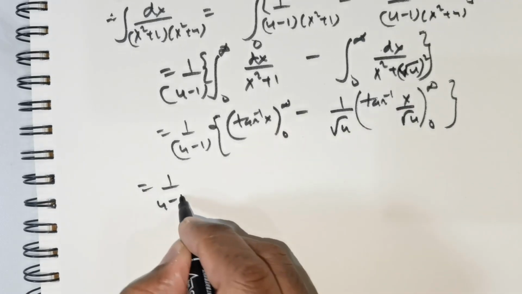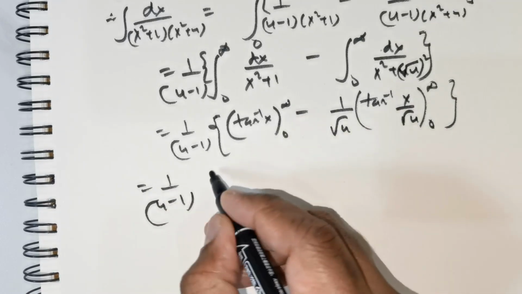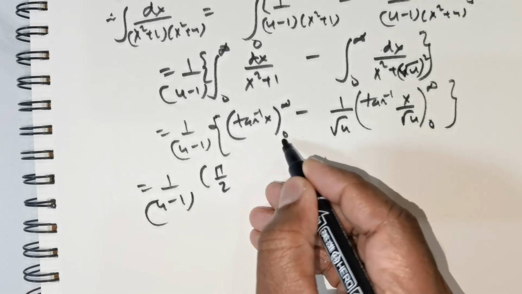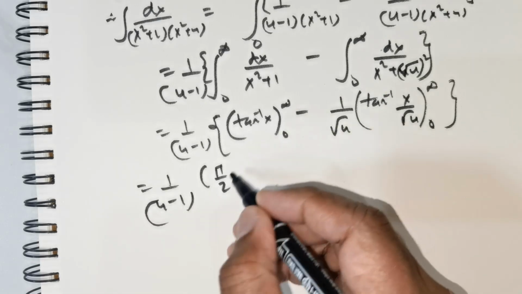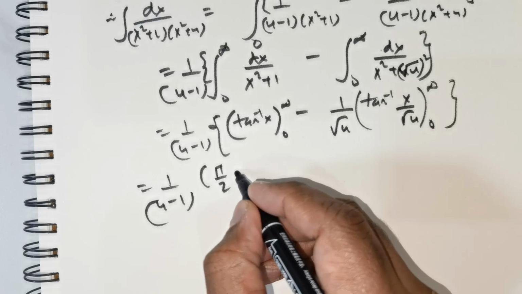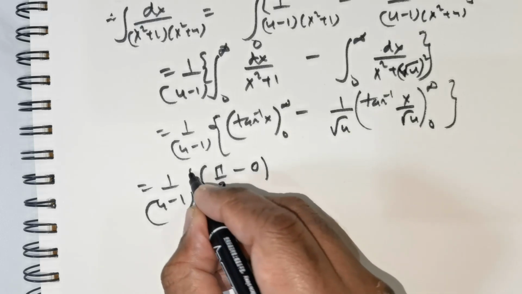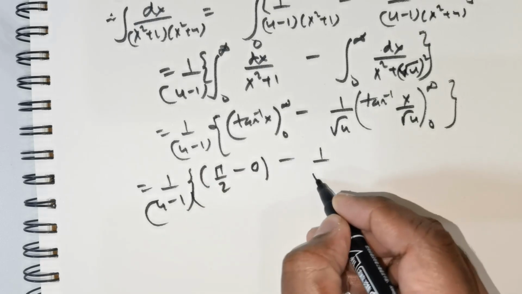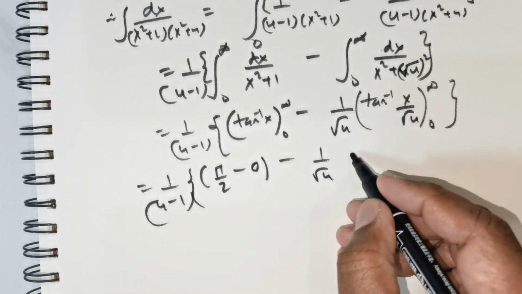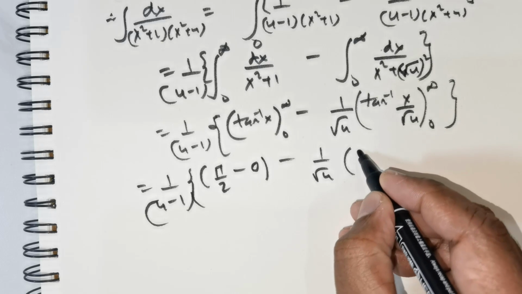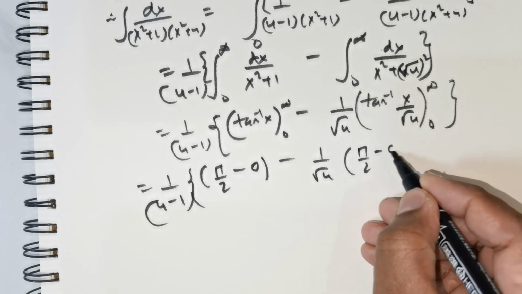So the limits are 0 to infinity and we need to apply the limits. Tan inverse of infinity is pi over 2, and tan inverse of 0 is going to be 0, right? Followed by 1 over root of u, tan inverse of infinity in this case is pi over 2, followed by 0.